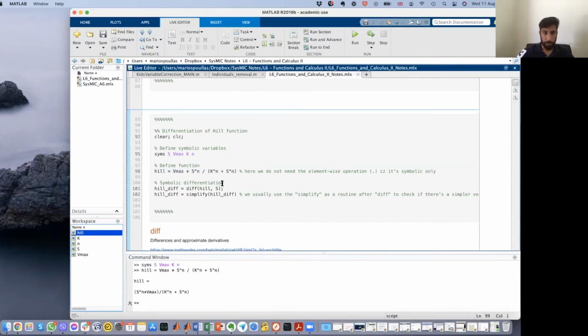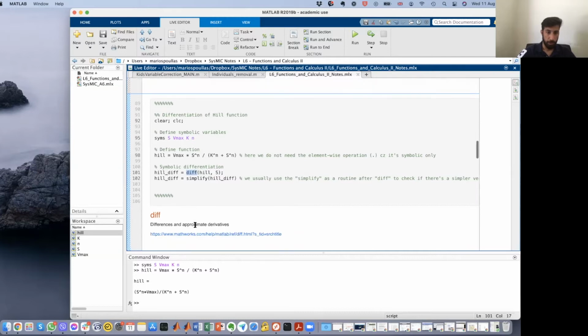And now we are proceeding with the differentiation of this variable. The differentiation is done using the function diff, which computes differences and approximate derivatives. I've added the link below. It's the only link that I added today because everything else that we are using, we've seen in the previous lectures.